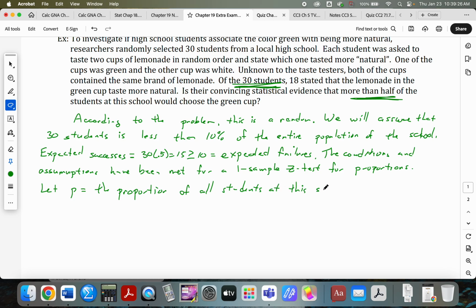So you've got to carefully identify what is your entire population, who would say that what? They would choose the green cup. What are they saying when they choose the green cup? That the lemonade in the green cup tastes more natural.